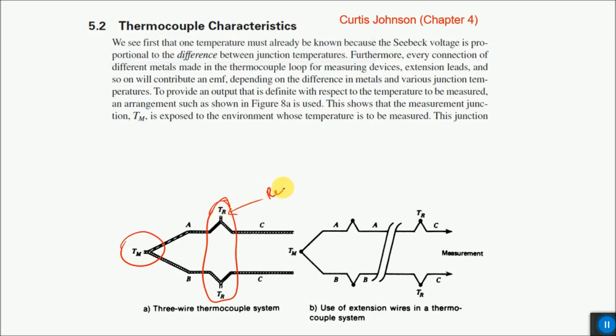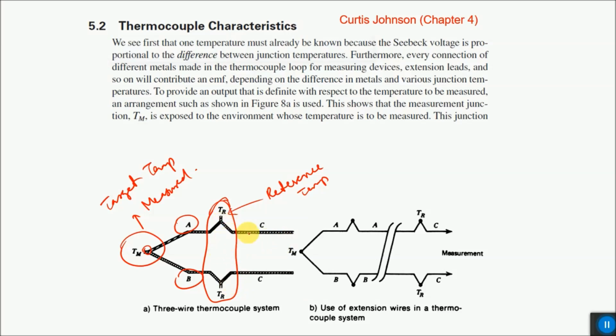This is our reference temperature and this is our target temperature to be measured. Here we have metal A and metal B connected together at one end to form a thermocouple, and at the other end they are both exposed to the same reference temperature TR, and then we have connecting leads.